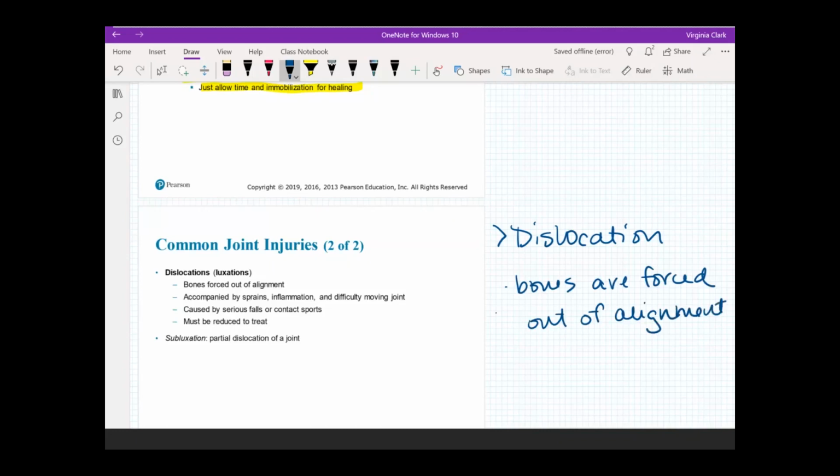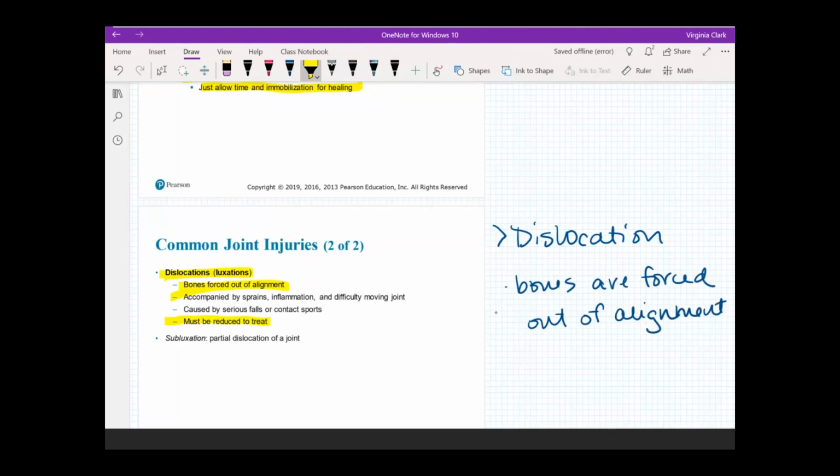They've been moved essentially out of socket. They usually come with all of the above sprains, but it's the bone itself. It can happen quite frequently in any kind of sport. When it says it must be reduced to treat, we have to make sure that the inflammation in the area has been relieved so that the bones can be put back together the correct way.